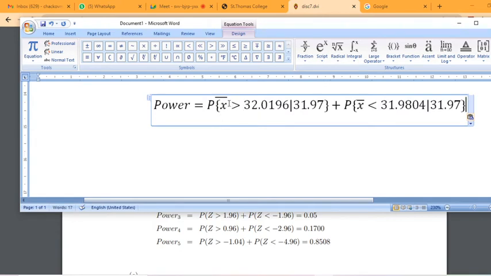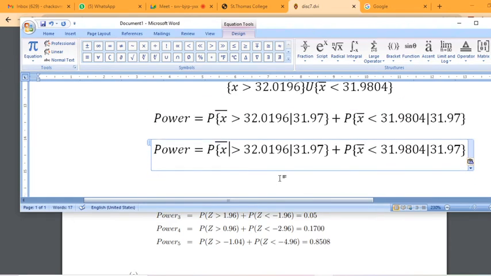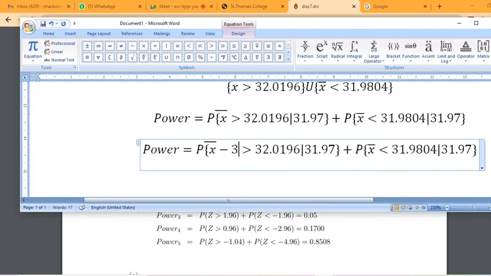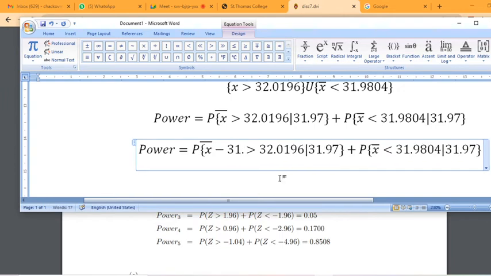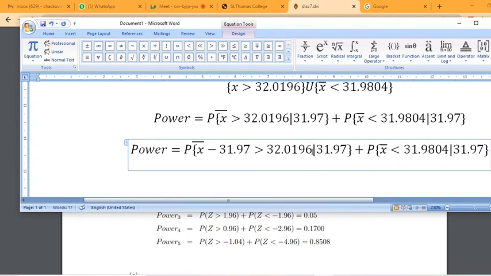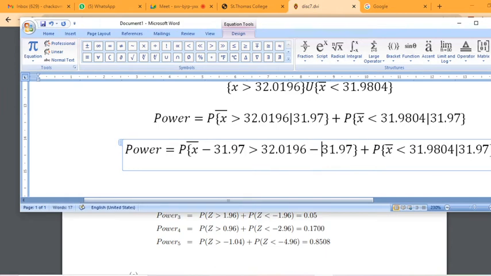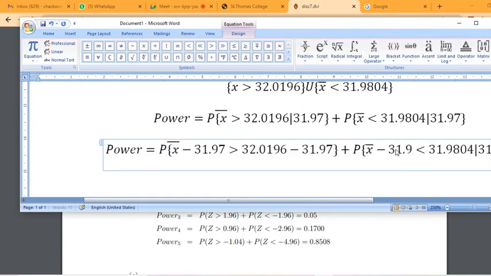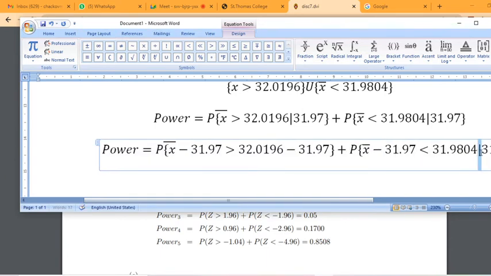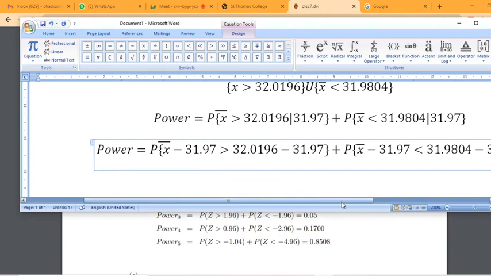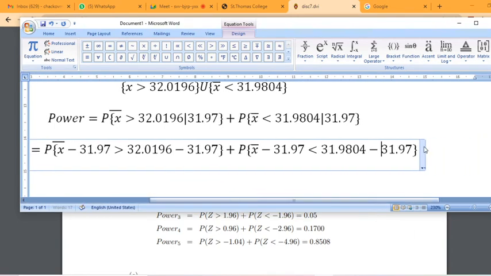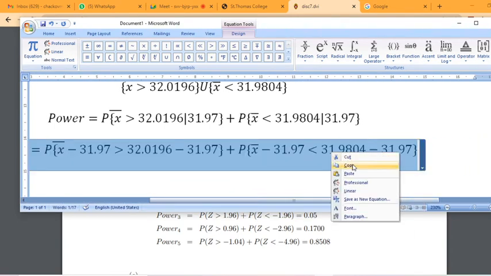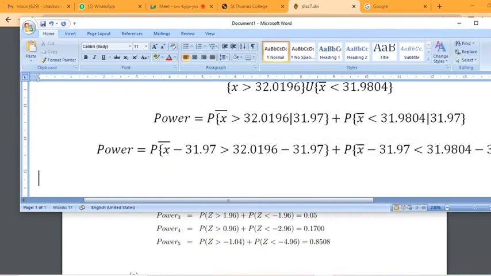Just subtract from both sides, X bar minus 31.97, then divide with the standard deviation. We have changed the mean only, the other procedure is the same.